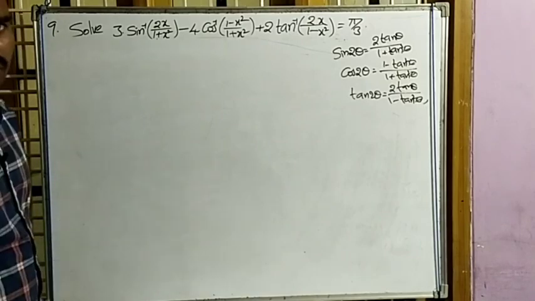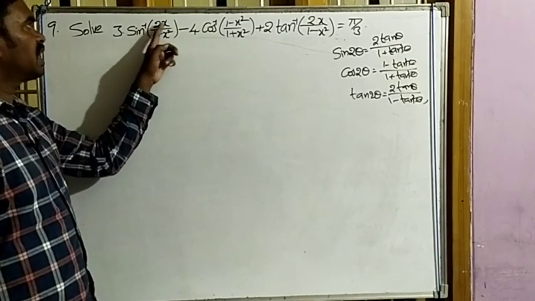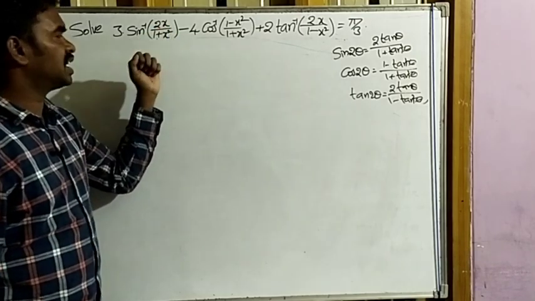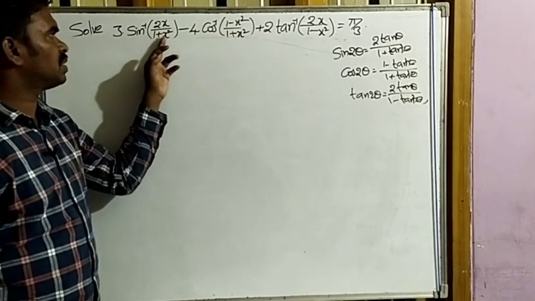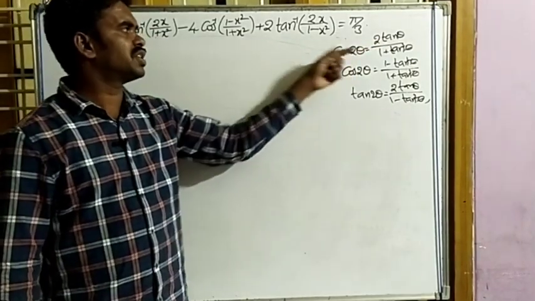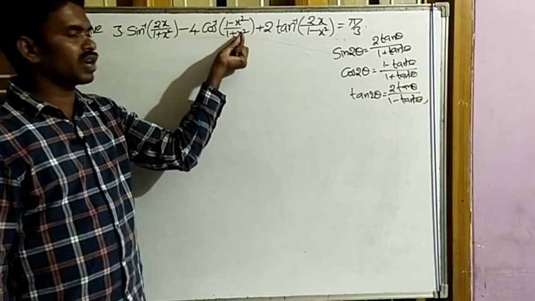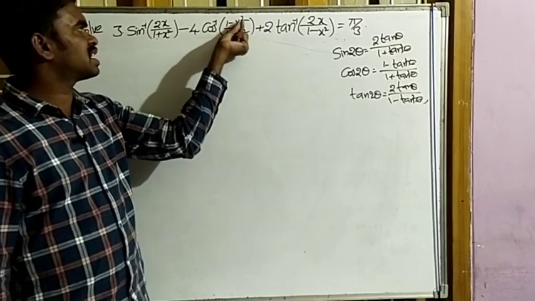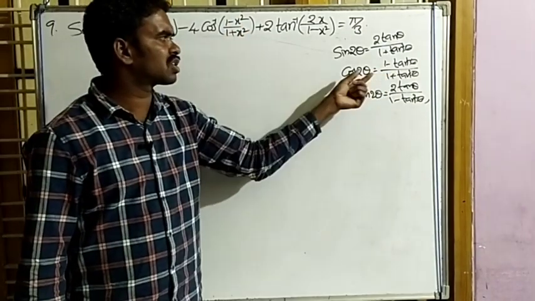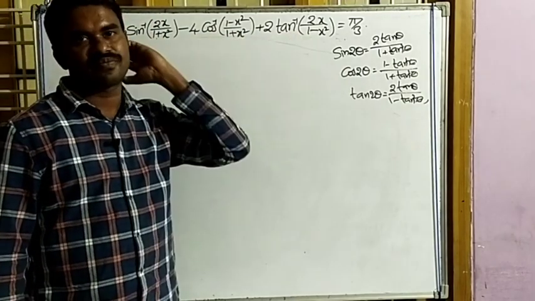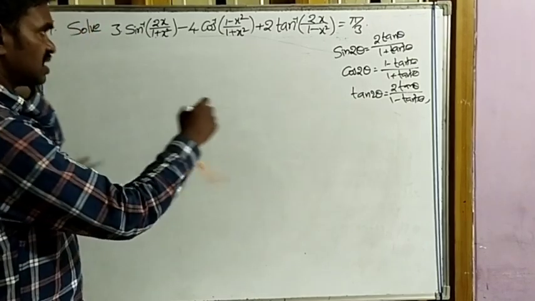We will apply these formulas. Look, here 2x by (1 plus x square) looks like this. So if you take x equal to tan theta, we get 2 tan theta by (1 plus tan square theta), so we can apply sin 2 theta, and sin inverse sin cancels. Here also, if you write x equal to tan theta, it becomes (1 minus tan square) by (1 plus tan square), meaning cos 2 theta, and cos inverse cos cancels. Similarly here. That's why I revised the formulas.